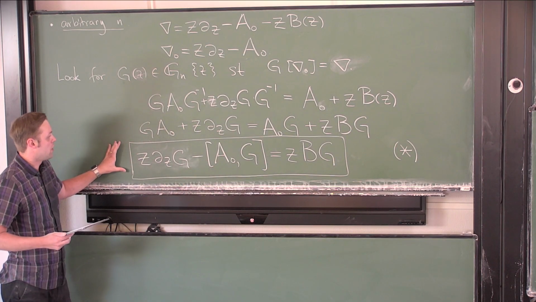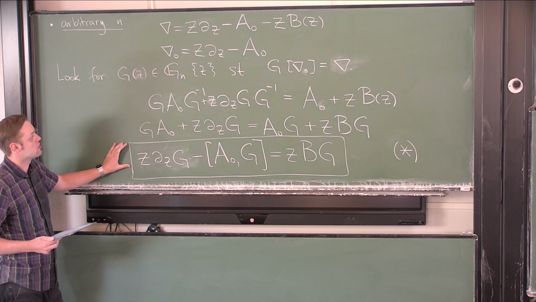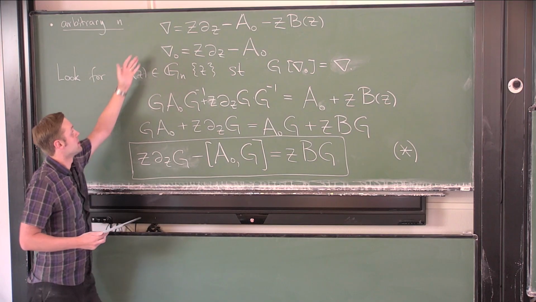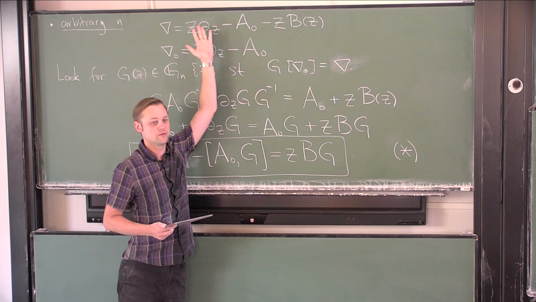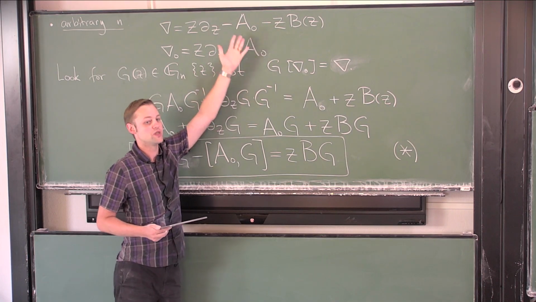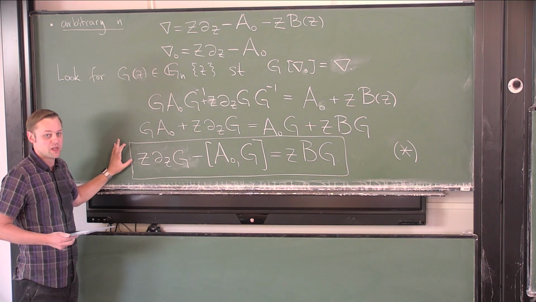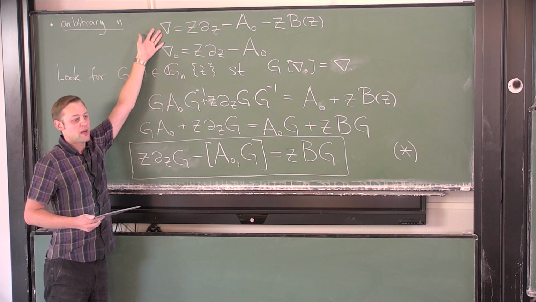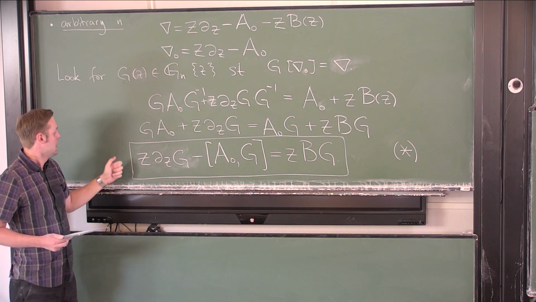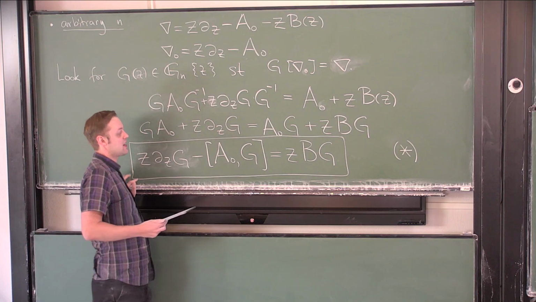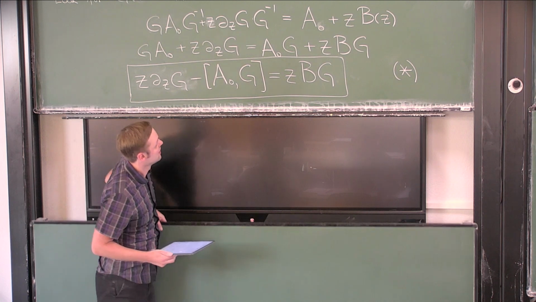On the face of it, if my goal is to solve Nabla, which would involve solving some complicated system of coupled ODEs, I haven't made any improvements. I've just replaced one complicated-looking differential equation by another. But we'll see that actually we will be able to solve this without ever solving a single differential equation.